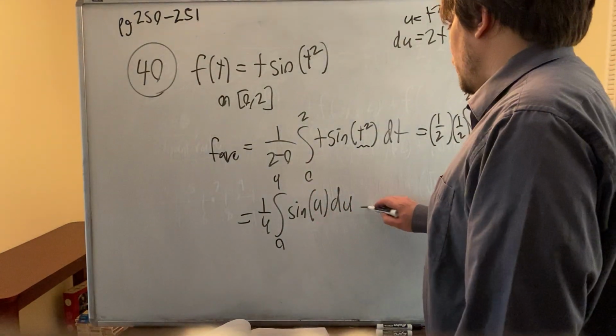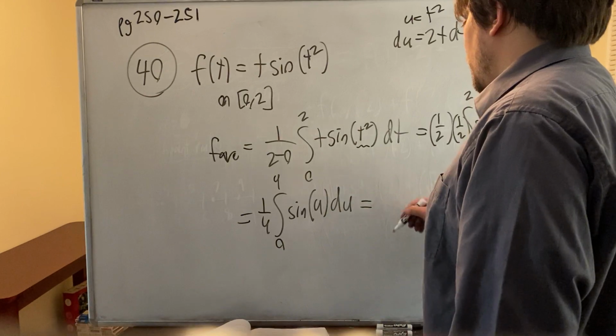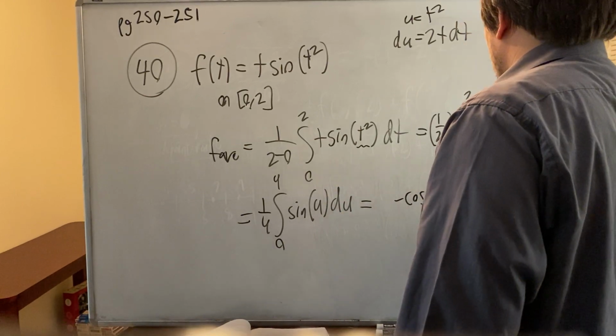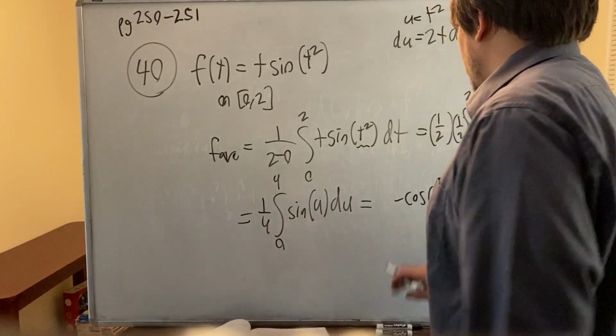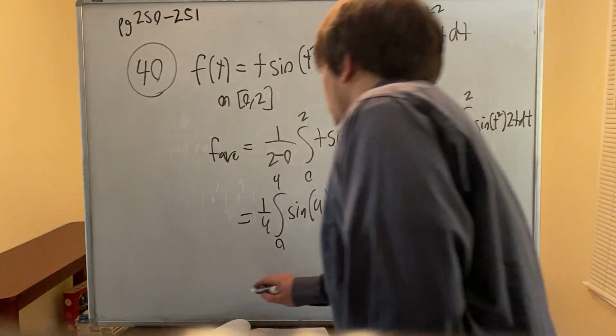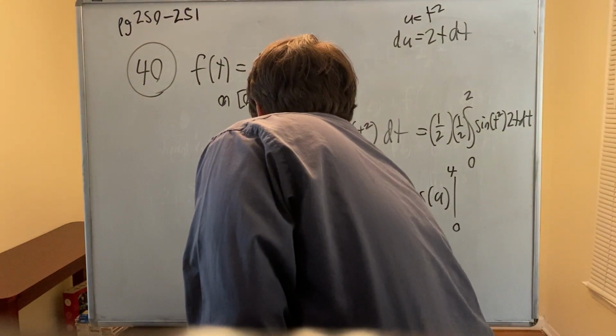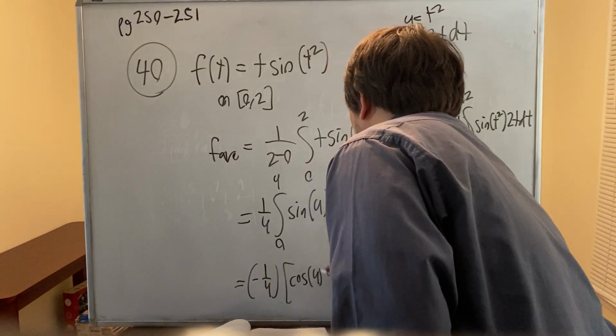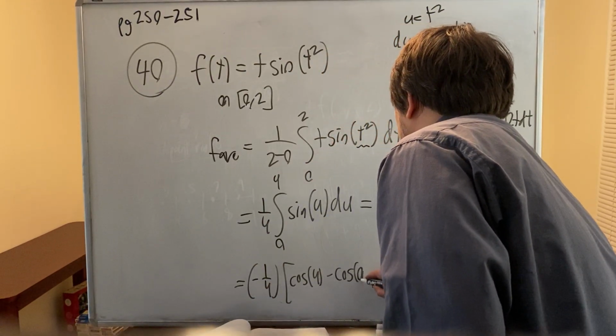And so now, what's an antiderivative of sine of u? It's negative cosine u, evaluated from 0 to 4. And there's a 1/4 in front, so this is negative 1/4 cosine of u. And so this is equal to negative 1/4 times cosine of 4 minus cosine of 0.